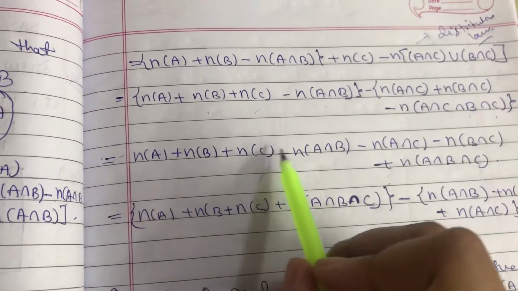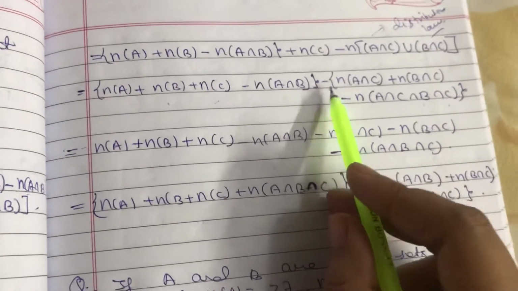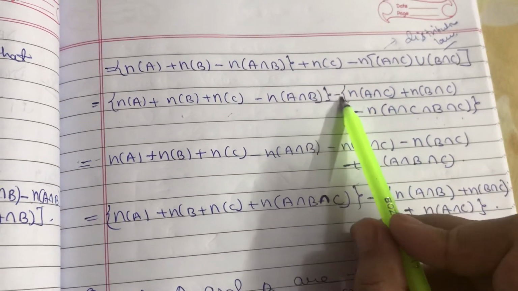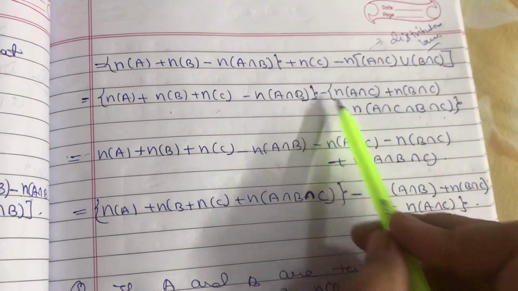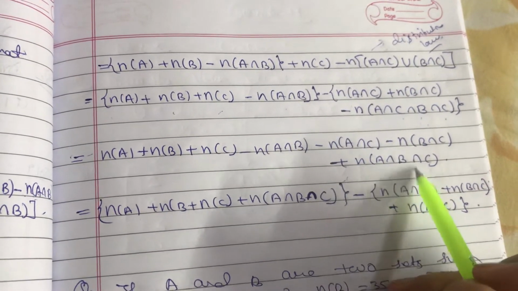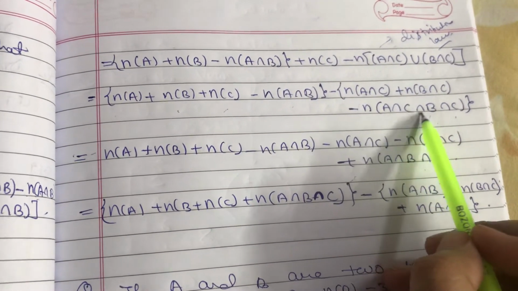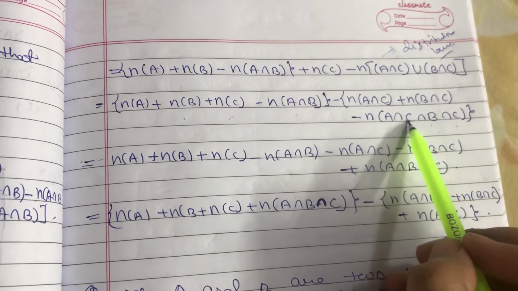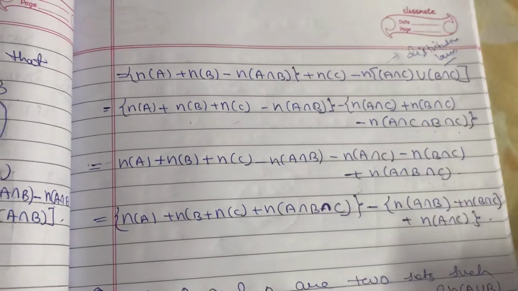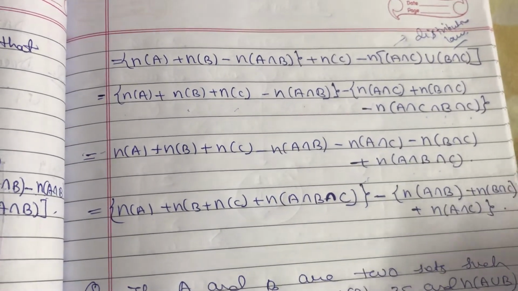So once again, when I rewrite it, this bracket is removed, so this negative sign will come here. And this negative will become plus this. A intersection C intersection B intersection C, which means intersection with C is C only, right? That is the common element of C is C only.